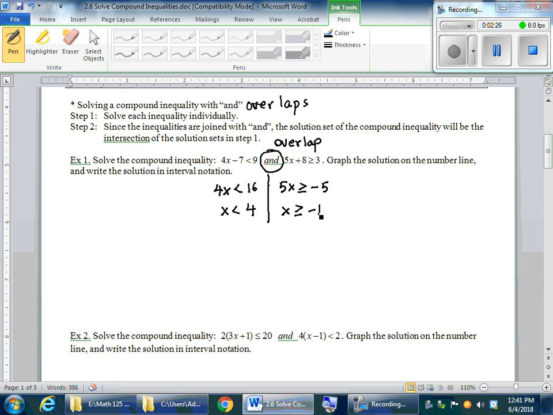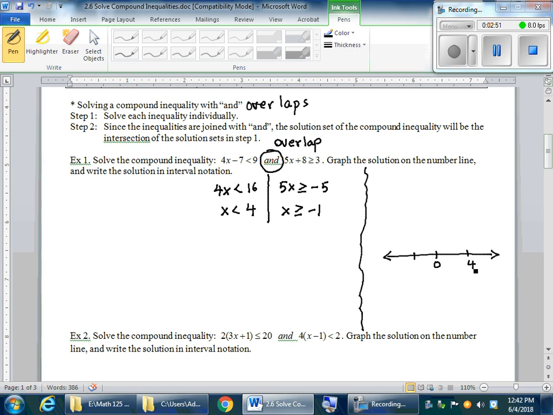So we solved each case already. Now we are interested in getting the answer for this compound inequality. This is the best way to visualize and talk about the answer. Here's a real number line, here's 0, and this is 4.